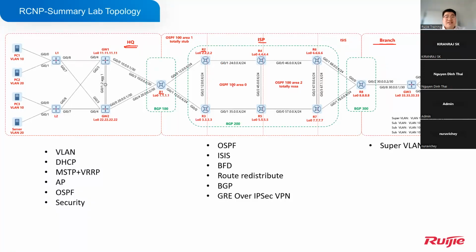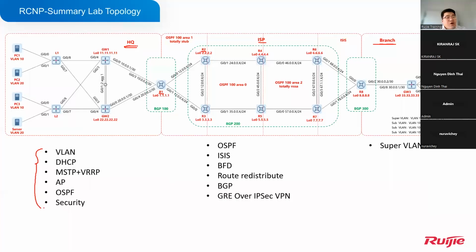Okay, and except for the IP address planning, next are the technologies that will be involved in this topology. I listed them here, and as you can see, we have covered most of the technologies in RCNP R&S. Or in other words, most of the important technologies of RCNP R&S are involved in this topology.